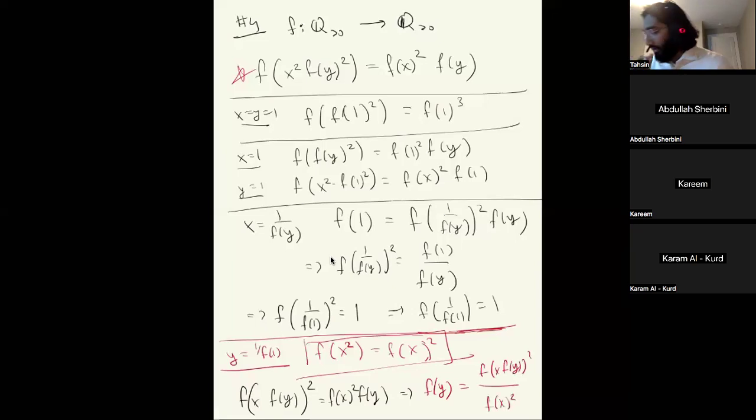So it tells you that f of y is a square. Good. And y is completely arbitrary, so actually all of the outputs are squares. That's something very curious. What does it mean if all of the outputs are squares?